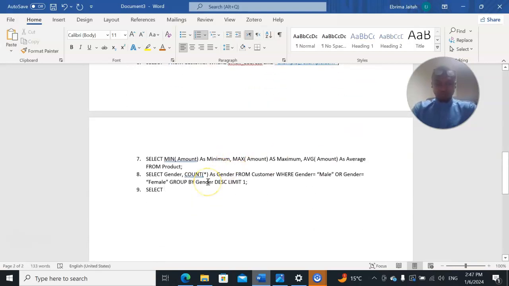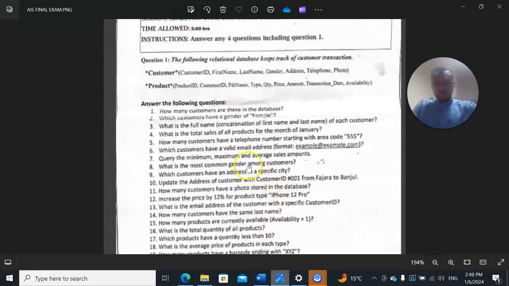So from customer where address is equals to. One thing I want to clarify here, since the question says a specific city: if this is talking about the name of the city, we can name our address as specific city.